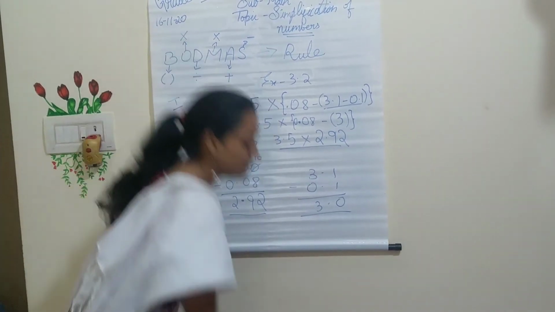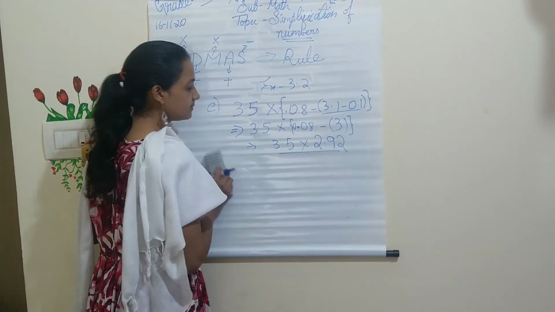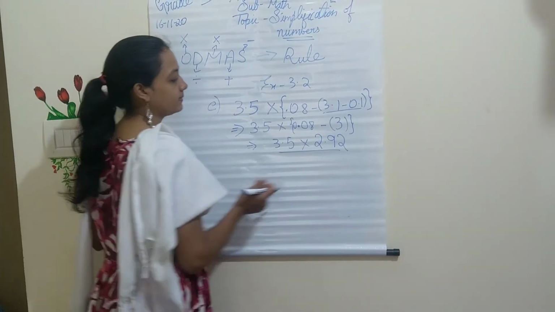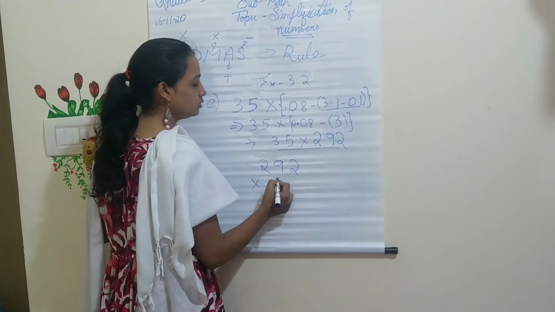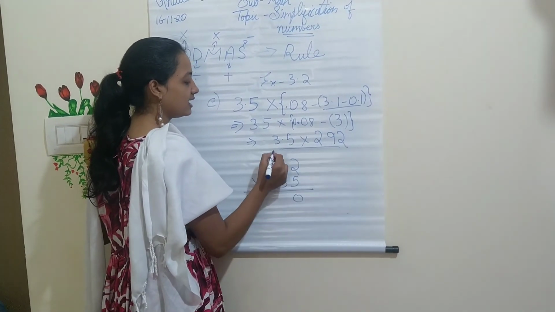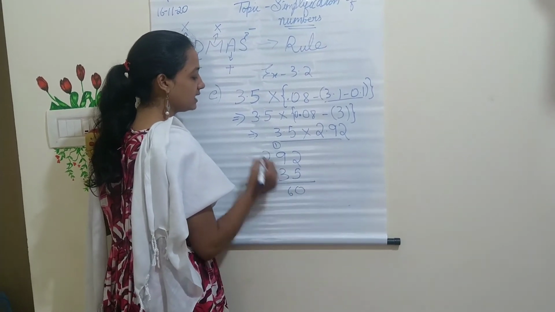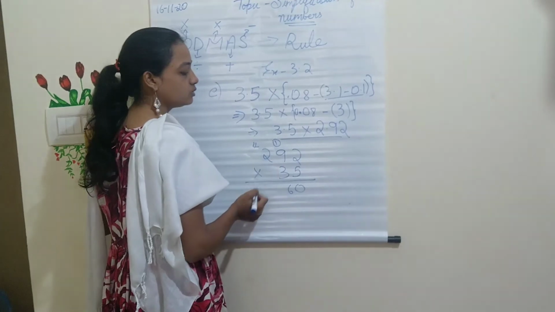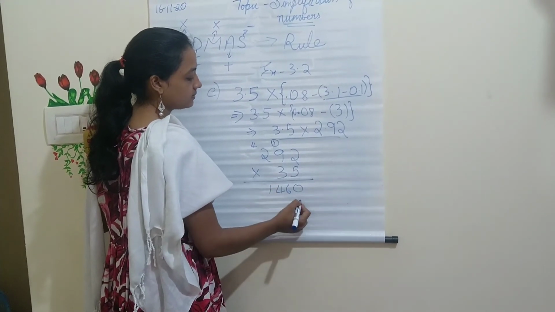So how do we multiply the decimal numbers, children? We have learnt it already. So let us multiply. 292 into 35. 5 2s are 10. 5 9s are 45 plus 1, 46. 5 2s are 10 plus 4, 14.